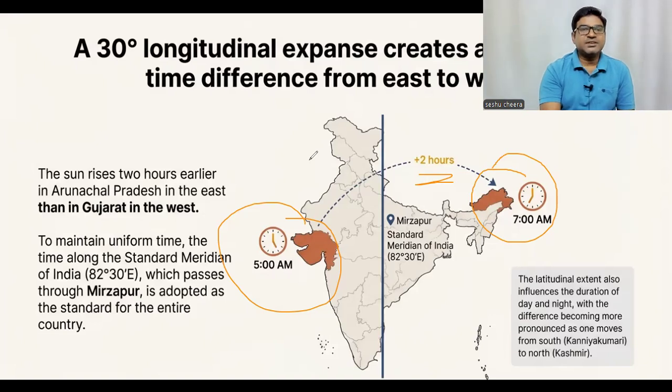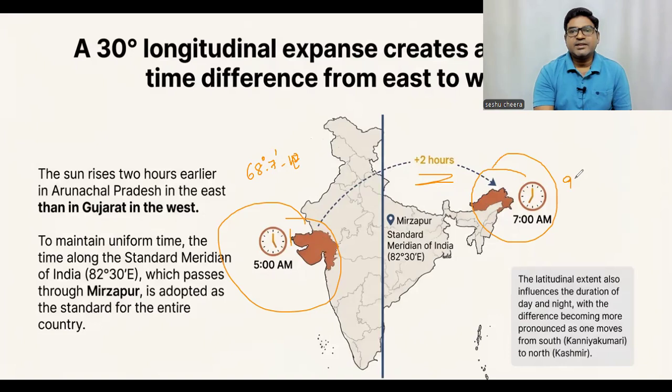As we have seen, the starting point near Gujarat is 68 degrees 7 minutes east, towards the eastern side. Now from here, it goes up to 97 degrees 25 minutes east. So when you subtract, you get 30 degrees of difference.